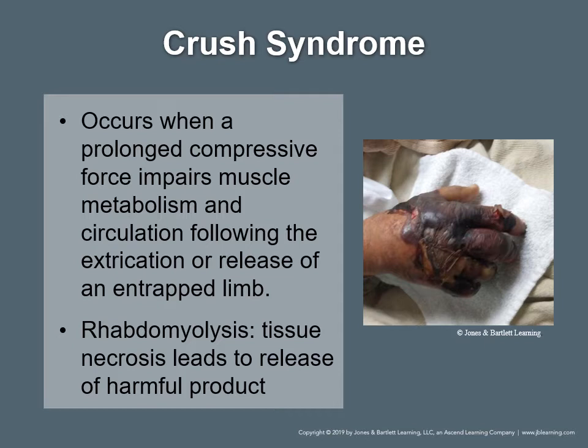After a muscle is compressed for 4 to 6 hours, muscle cells begin to die and release their contents into the localized vasculature. Treatment of crush syndrome should always be performed with medical direction. Assess the ABCs, administer supplemental oxygen as needed, consider administering a bolus of crystalloid solution, and do not apply a compressive device such as PASG.